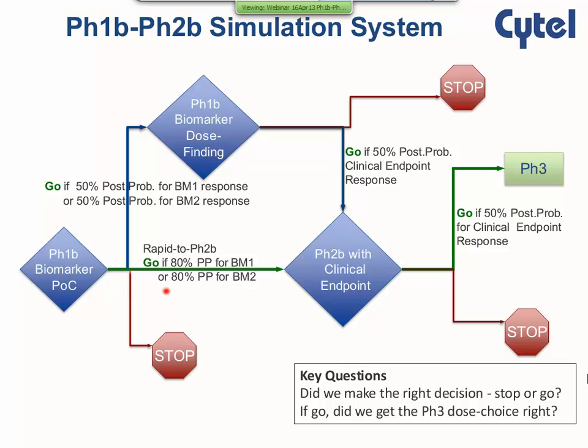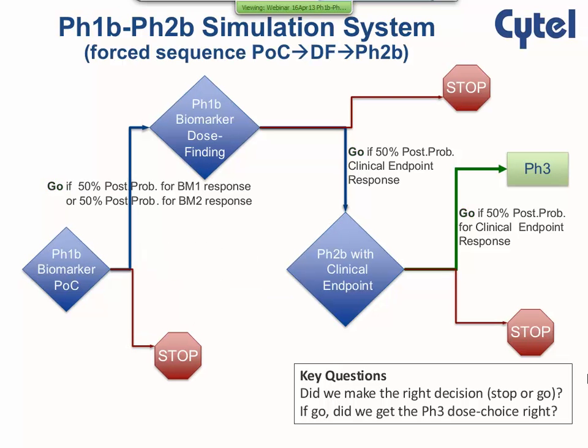So the aim here is to compare this rapid to 2B approach with the availability of the biomarker dose-response information and leveraging that to see how useful that dose-response information of the biomarker is in helping design that phase 2B trial. And again, the key questions are: are we making the right decisions to stop or go along the path? And if we go, did we get the phase 3 dose right? And how much of the time does that occur? So we compare this option for rapid to 2B with the original proposed sequence of trials.